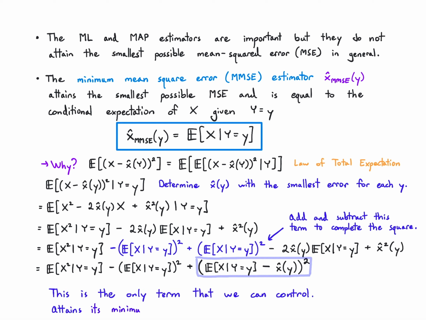And it hits its minimum of 0 if I choose x hat to be equal to the conditional expectation, and only if I make that choice, right? Any other choice will result in a higher mean squared error for that value of y. So for every value of y, I should just take the conditional expectation. The other two terms sitting outside this box, I can't do anything about them. Those are just going to be there as my error.